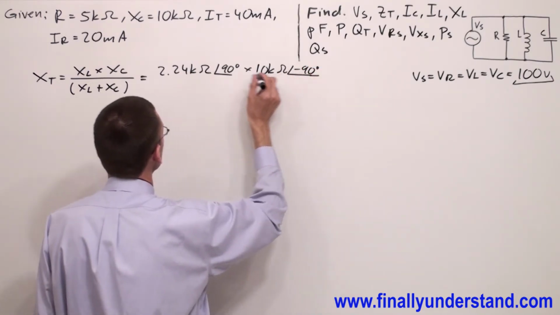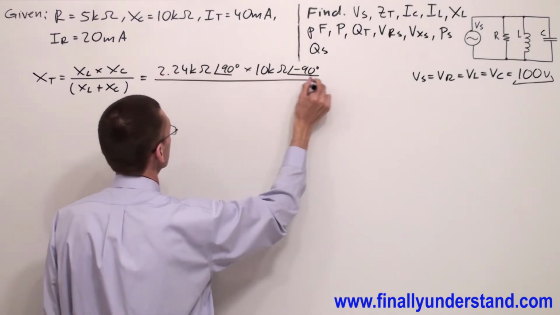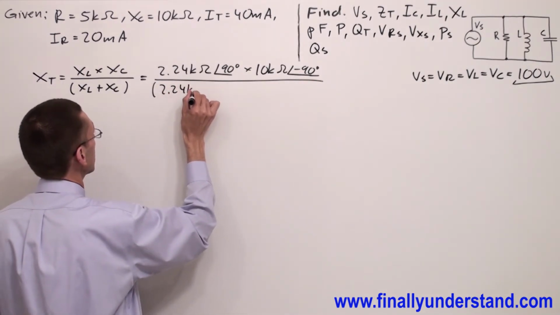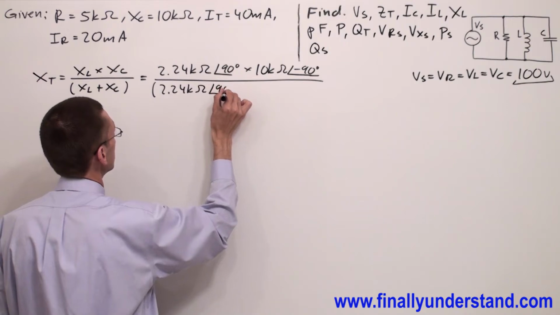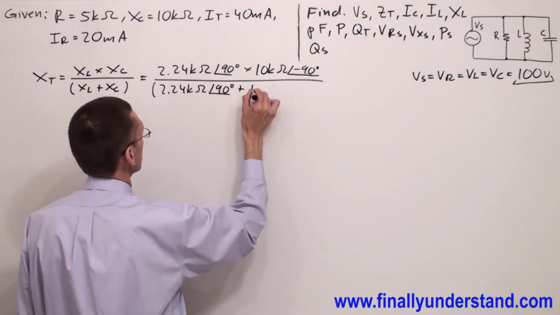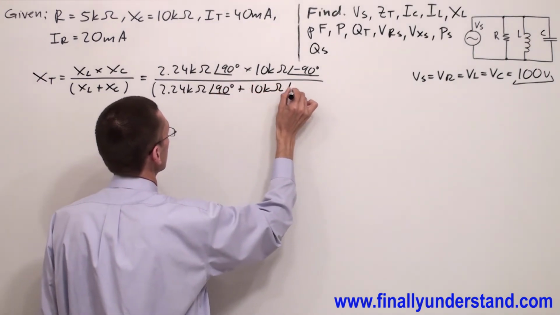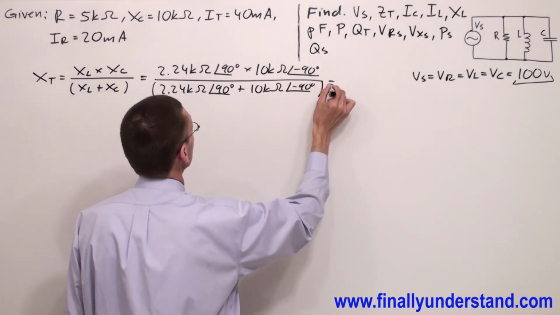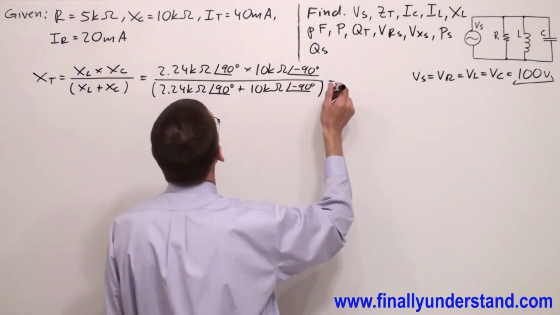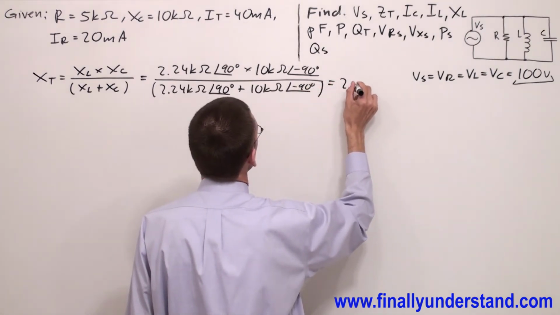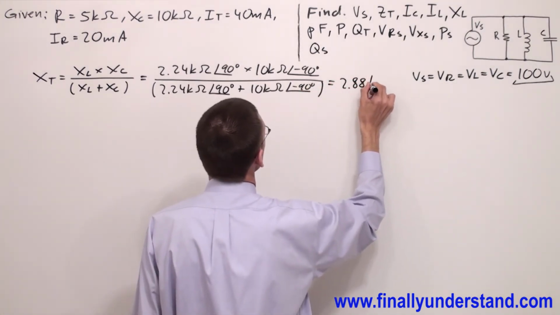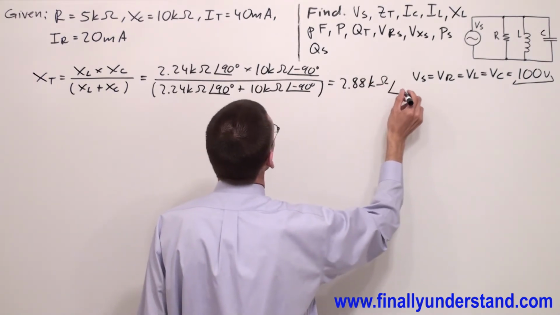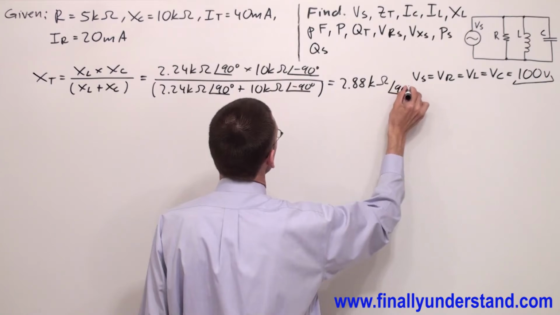Don't forget that X of C always goes with angle negative 90 degrees, over 2.24 kiloohms, an angle of 90 degrees, plus 10 kiloohms, an angle of negative 90 degrees. The answer is 2.88 kiloohms, right? An angle of 90 degrees.